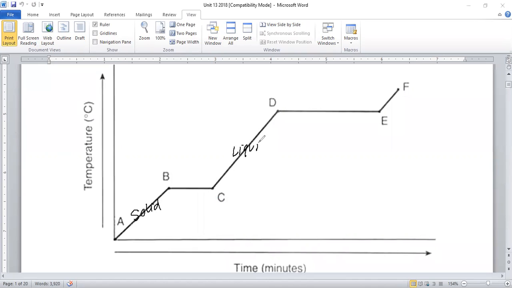This is where these phases are warming up. And the last one is gas. At the line that's straight, this is where you would find solid and liquid in equilibrium, meaning they exist at the same time. Up here you have a liquid-gas equilibrium.